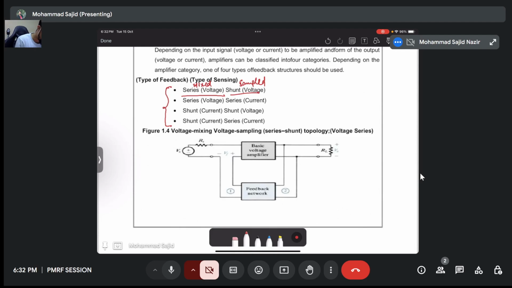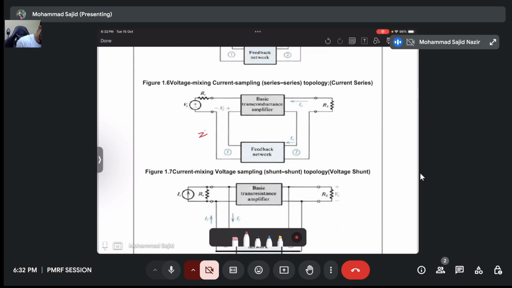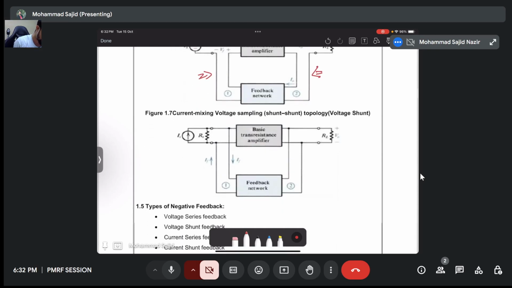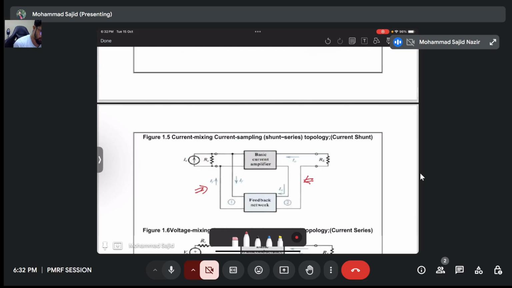So this is voltage series at the input, voltage shunt at the output. Similarly, this is current shunt at the input and current series at the output. This is voltage series at the input, and this is current series at the output. This is again current shunt at the input and voltage shunt at the output. So how do we name them?